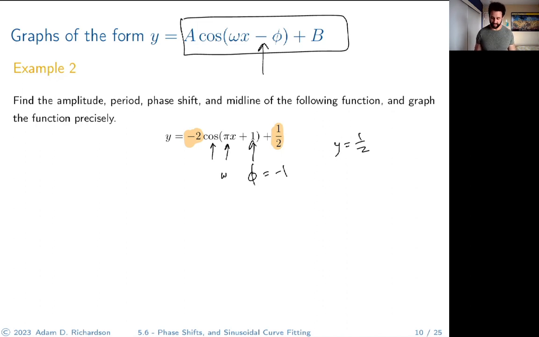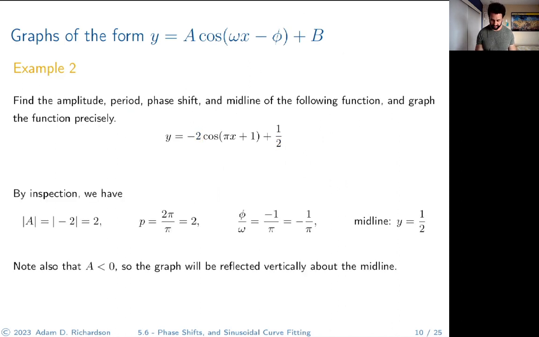And that's because if we want this structure given here to match this structure up here, we would need phi to be -1, right? Because subtracting a negative is the same as adding, right? So let's go through the details. Like I just mentioned, we know that the amplitude is 2. We can find the period by looking at omega. In this case, omega was pi.